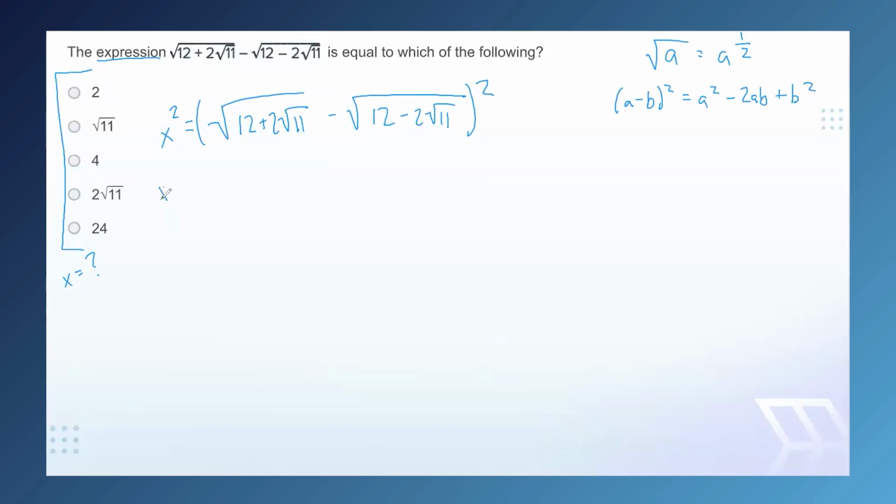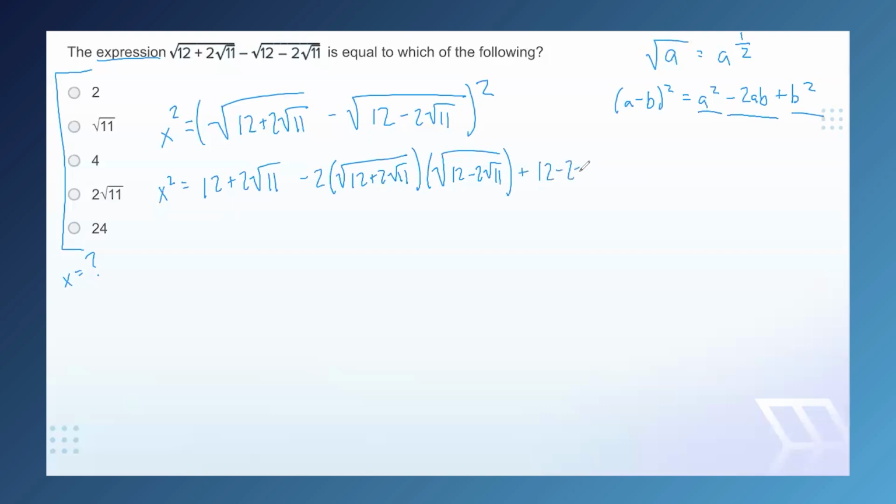Applying that here, we're going to have x squared equals the square of our first term. So that's going to be 12 plus 2 root 11 because squaring gets rid of that square root. Then we're going to have minus 2 times our first term, root 12 plus 2 root 11, times our second term, root 12 minus 2 root 11, plus our second term squared, or plus 12 minus 2 root 11.